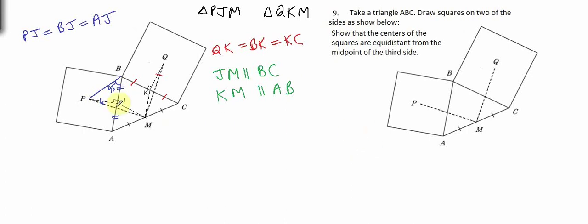So what do we have here? We have quadrilateral BJMK as a parallelogram.